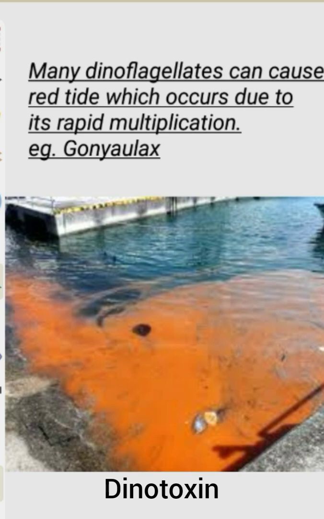These toxins are very harmful, most of them, especially in the particular example of the dinoflagellate Gonyaulax. This Gonyaulax produces a dinotoxin, and its toxin is known as saxitoxin. This toxin is a paralytic neurotoxin.